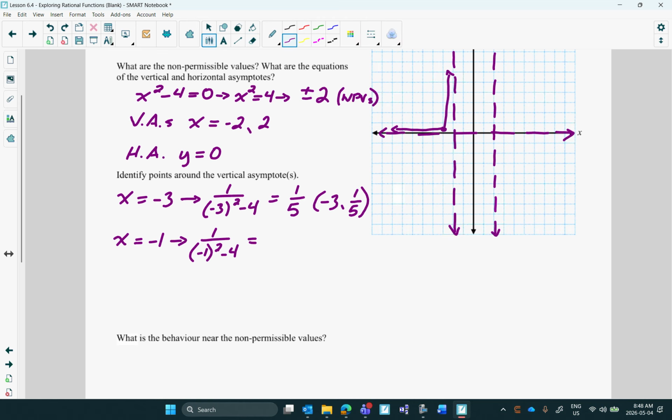So that gives me -3 on the bottom, so I get -1/3. So the next point I've identified is -1, -1/3, somewhere around there.